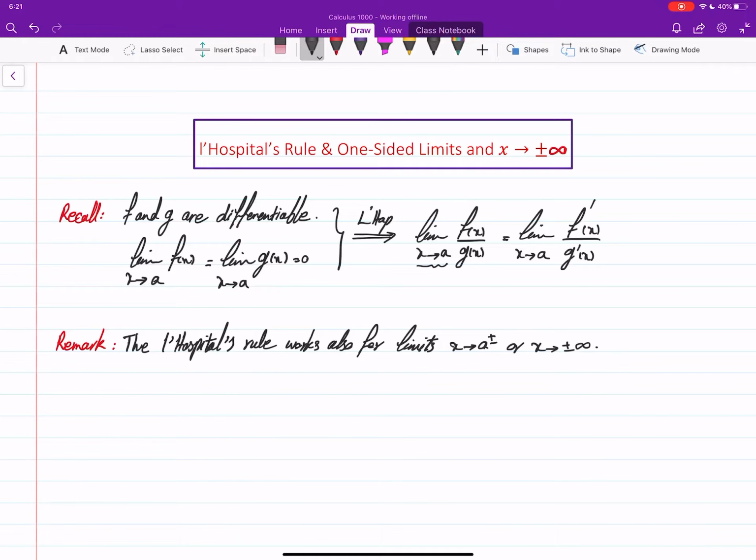So whenever you have a 0 over 0 indeterminate form and the functions are differentiable, you can differentiate, then you can apply L'Hopital's rule. Okay, so let's see some examples here.